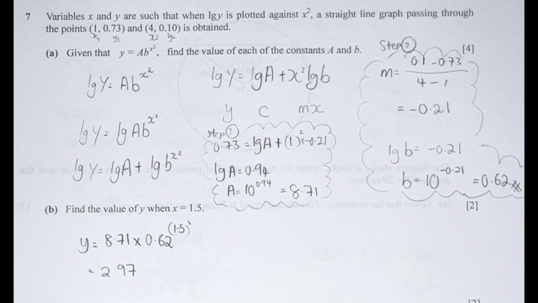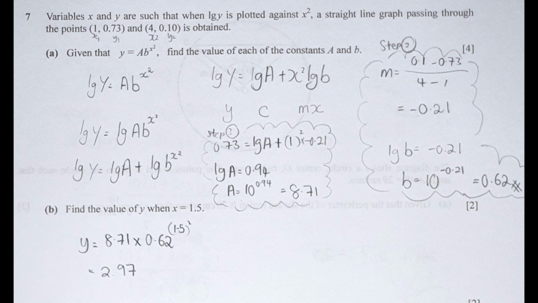So I put log into a and b and I split them up. The temporary equation that we got here will be log y equals log a plus log b to the power of x squared. In logarithm, you can actually bring out the power.